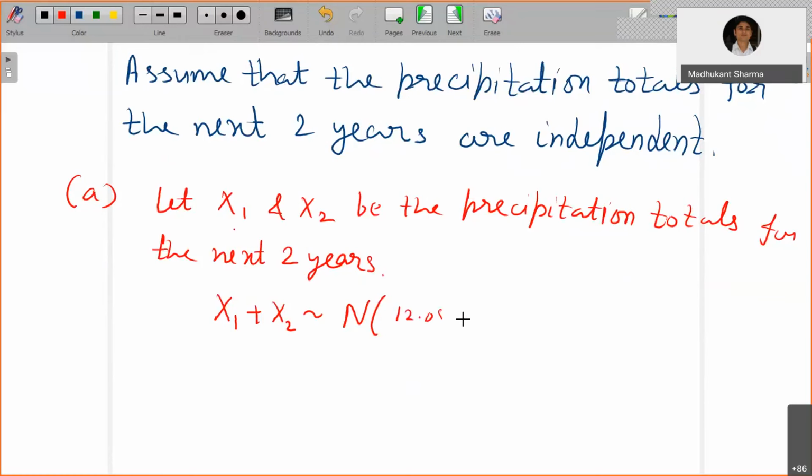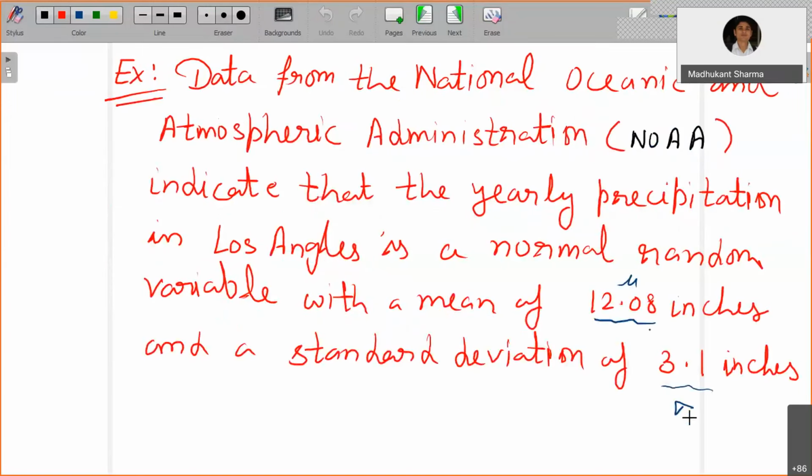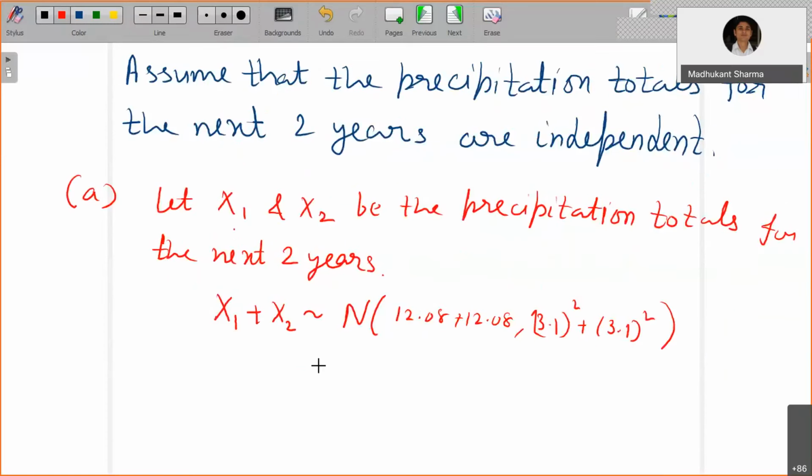With mean 12.08 plus 12.08, and variance sigma 1 square plus sigma 2 square, so 3.1 whole square plus 3.1 whole square. So it follows normal with mean 24.16 and variance 19.22.